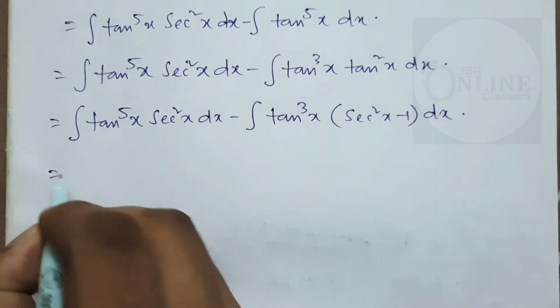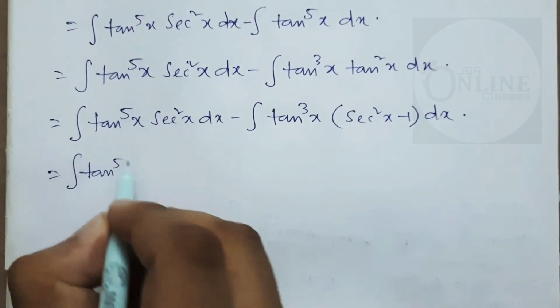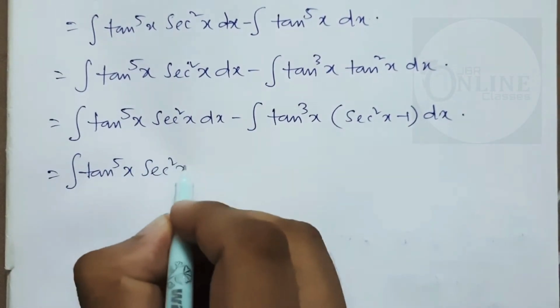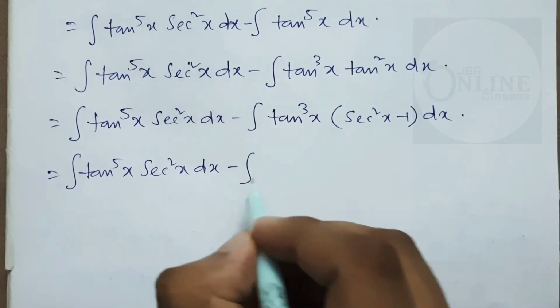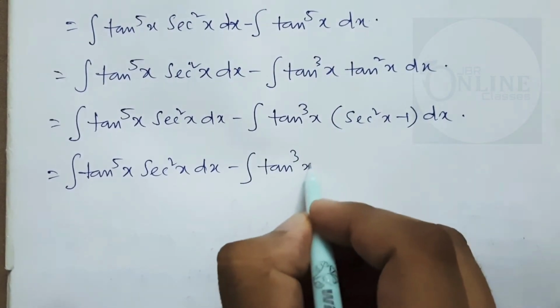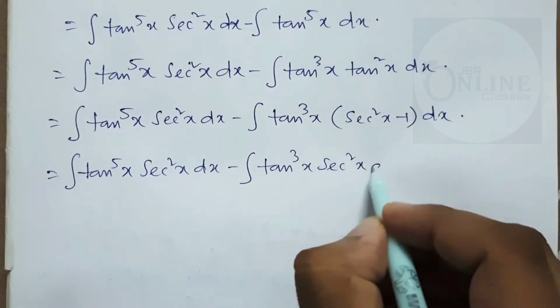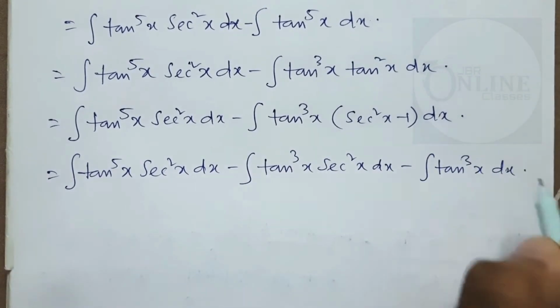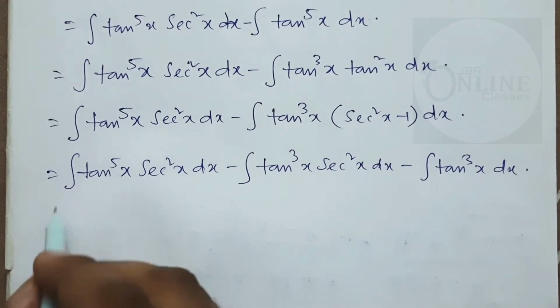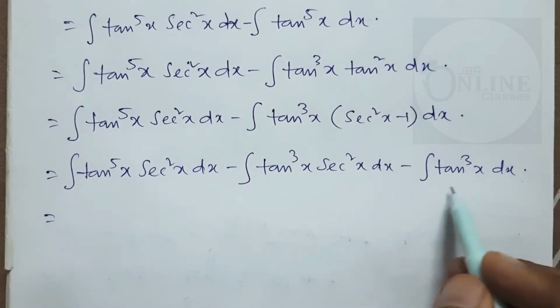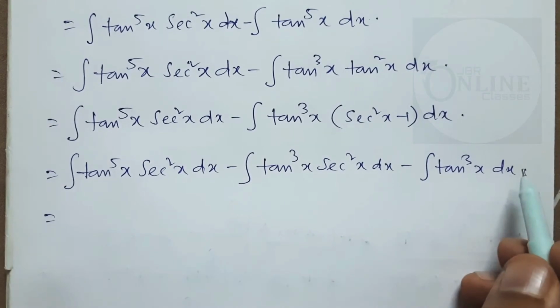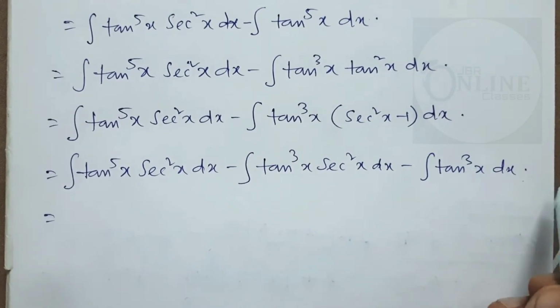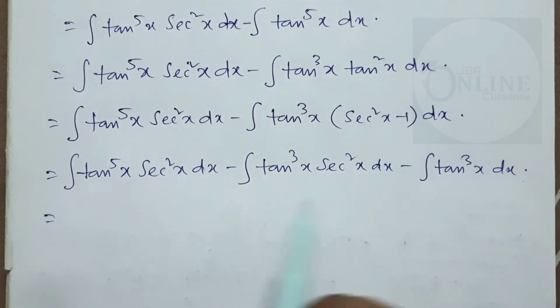So integration tan to the power 5x sec square x dx minus integration tan cube x sec square x dx plus integration tan cube x dx. Now again do the same kind of calculation here, tan x into tan square x, and write that tan square as sec square minus 1, then again multiply.